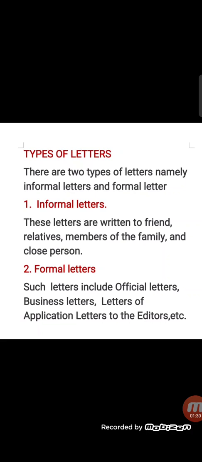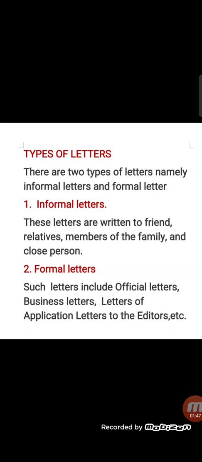Now, how many types are there? Two types of letters. First is the informal letter and the second is the formal letter. In an informal letter, to whom do we write?